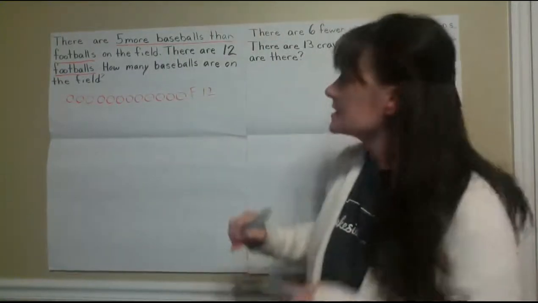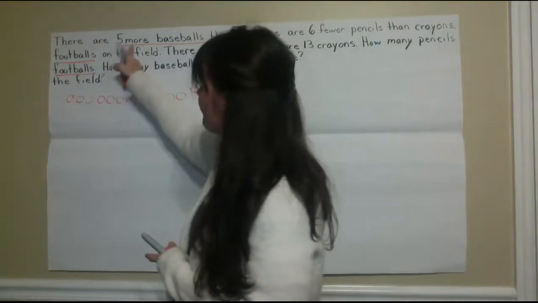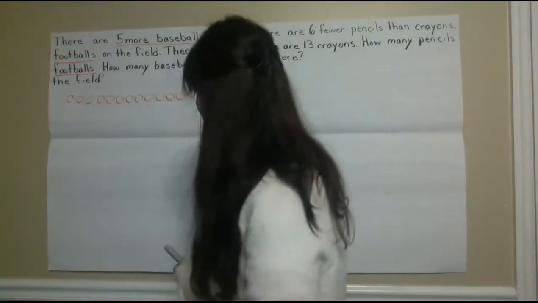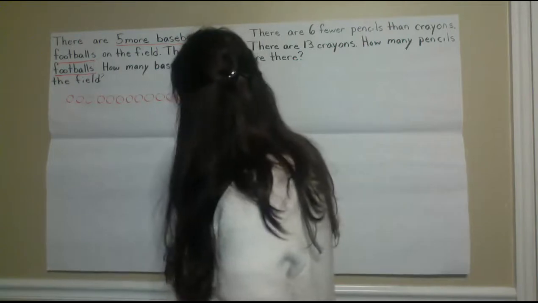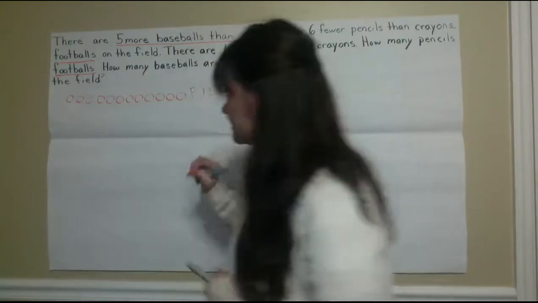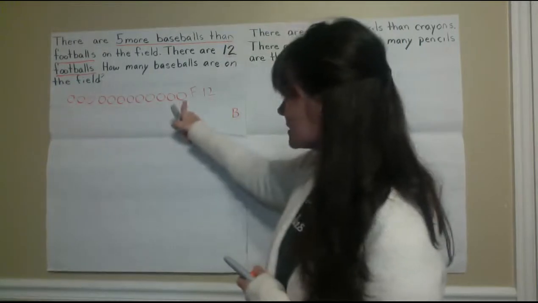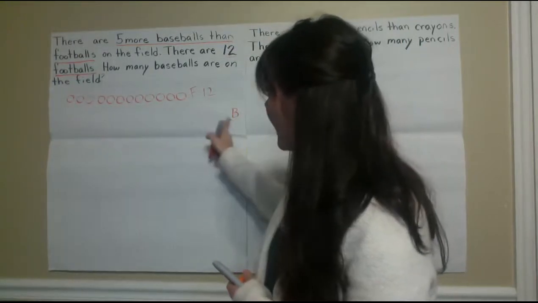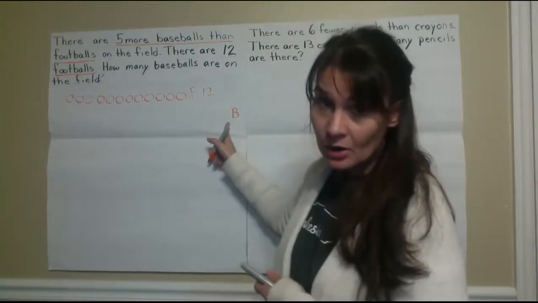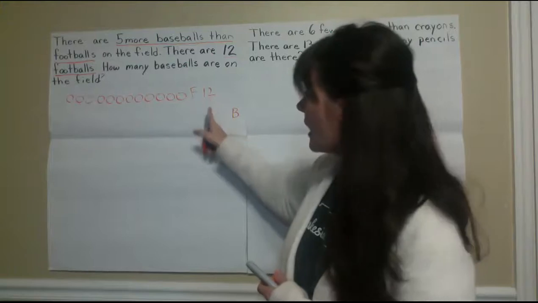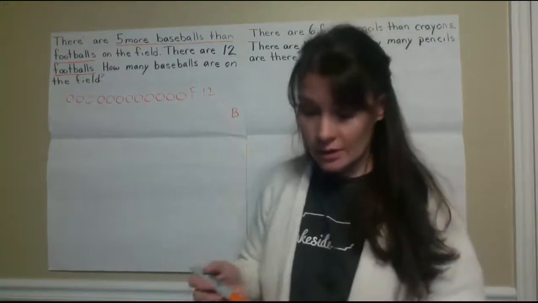But it said there are 5 more baseballs than footballs. So what I'm trying to figure out is how many baseballs. So if there are 12 footballs and there's 5 more baseballs than footballs, how many baseballs are there?